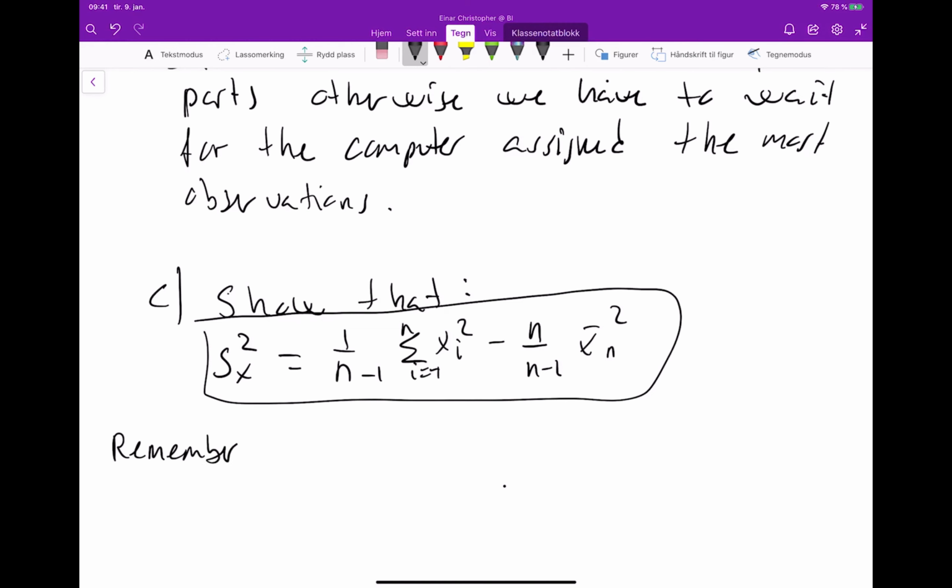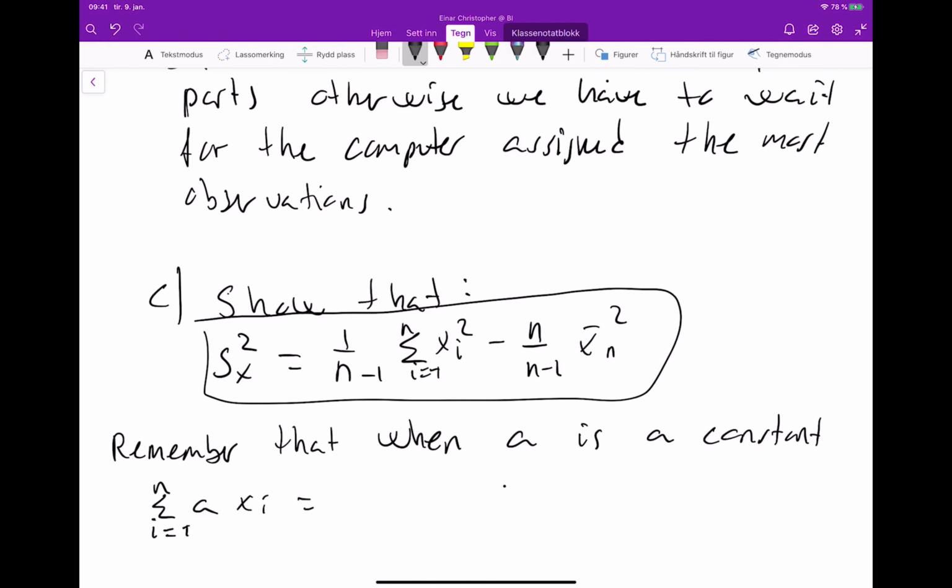remember that when A is a constant, the sum over A xi, i equal 1 to n, is equal to A times the sum of xi.